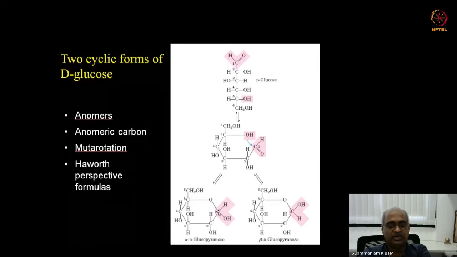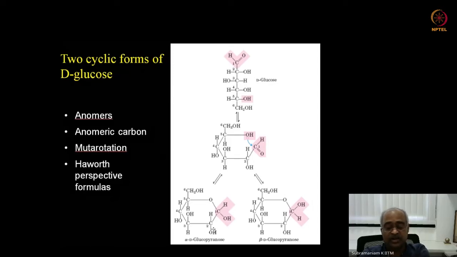And when two molecules differ in the orientation of the substituents only at the anomeric carbon, they are anomers. In solution, one form rotates to the other form readily, and they interconvert readily, and that process we call mutarotation.